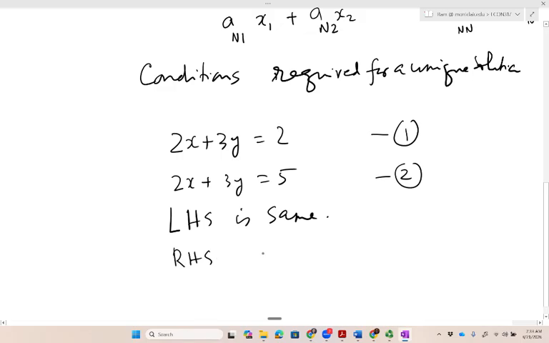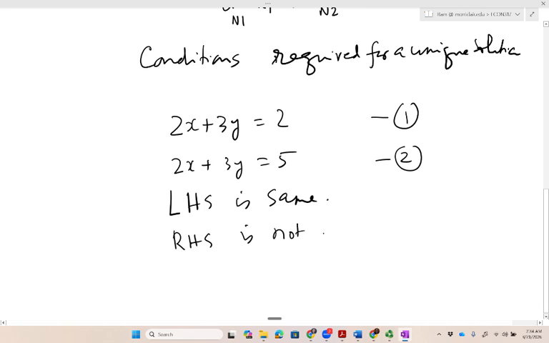So it cannot be possible for any value of x and y that 2x plus 3y equals 2 as well as simultaneously equals 5. So this set of equations will have no solution.